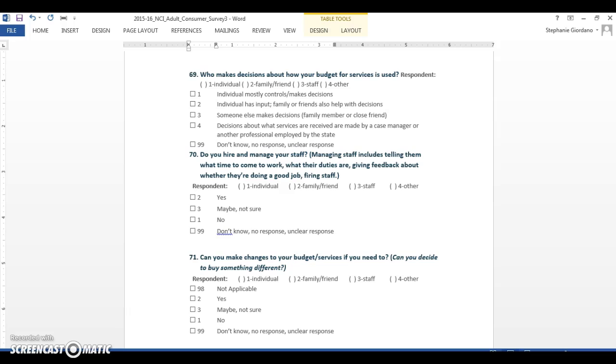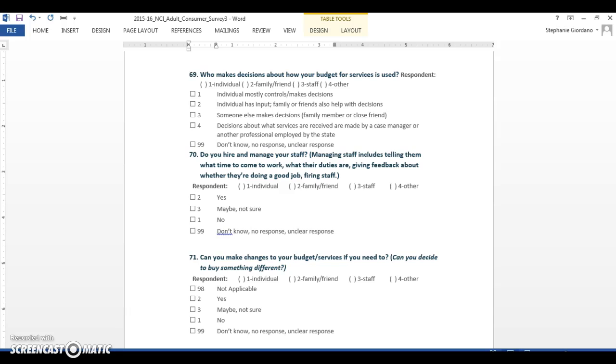That someone else makes decisions, so that maybe again a family member or close friend. Or that decisions about services that are received are made by a case manager or other professional employed by the state. We ask whether the person who's responding hires and manages staff, and give some examples of what that means.